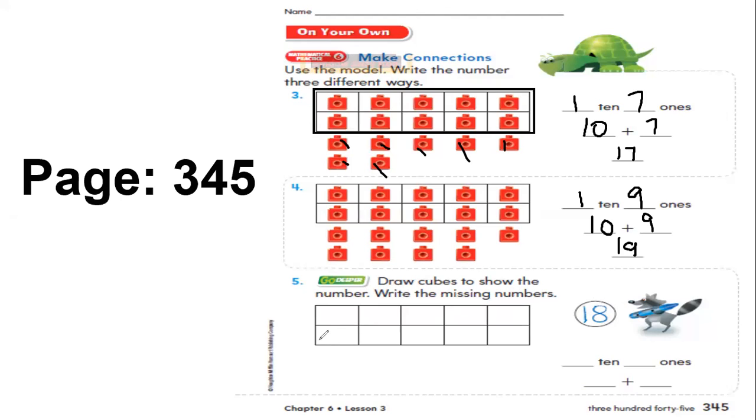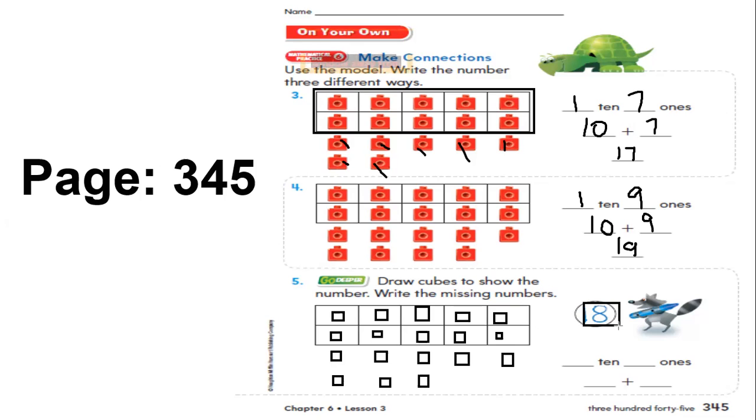So we are going to write 18 cubes here. 2, 3, 4, 5, 6, 7, 8, 9, 10, 11, 12, 13, 14, 15, 16, 17, 18. As you can see here, the raccoon has written the number 18. So I'm going to draw the 18 cubes first inside the 10 frame and outside the 10 frame.